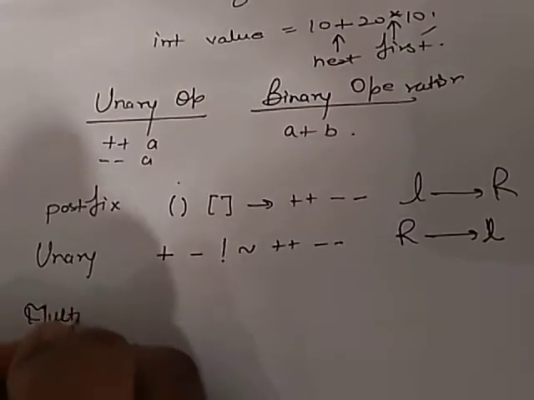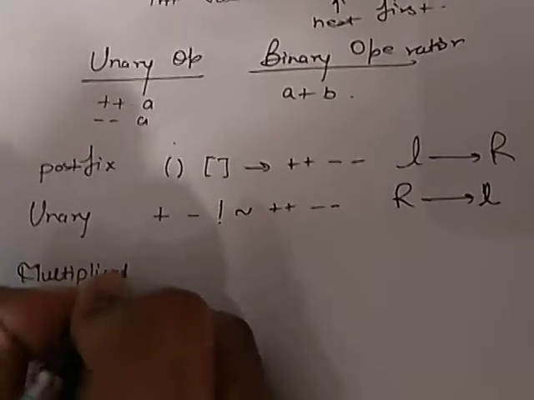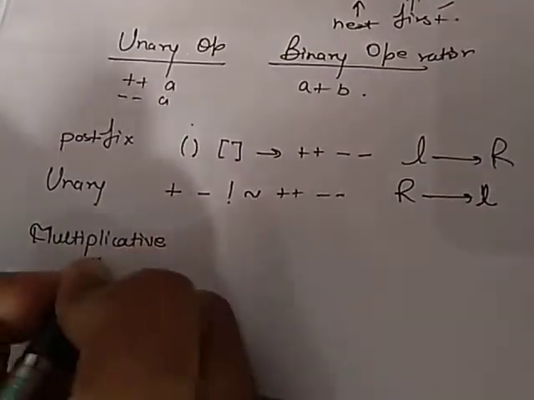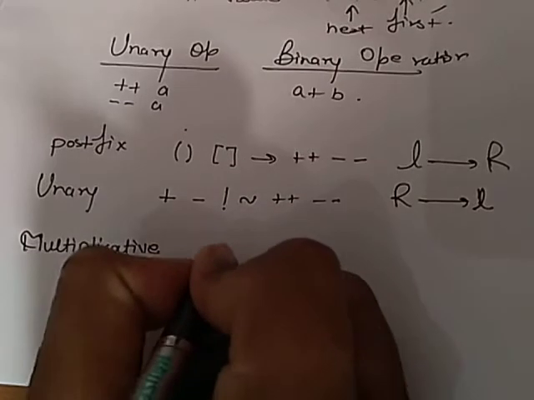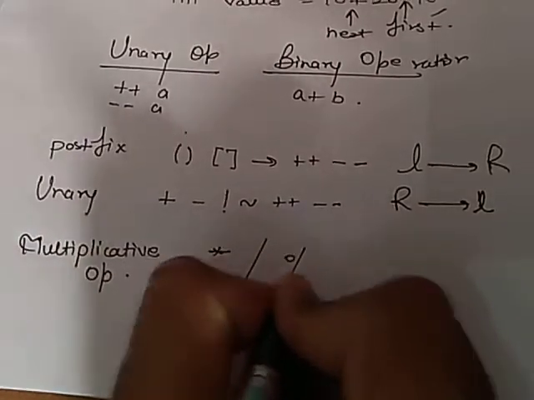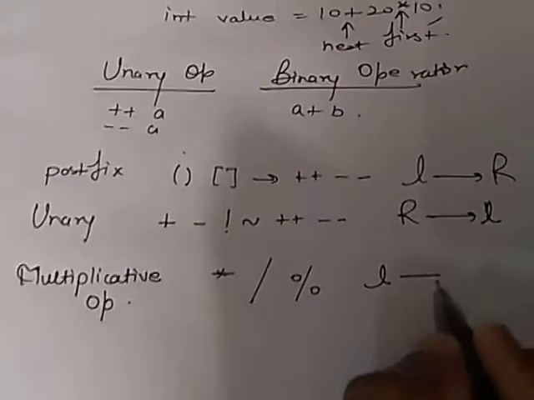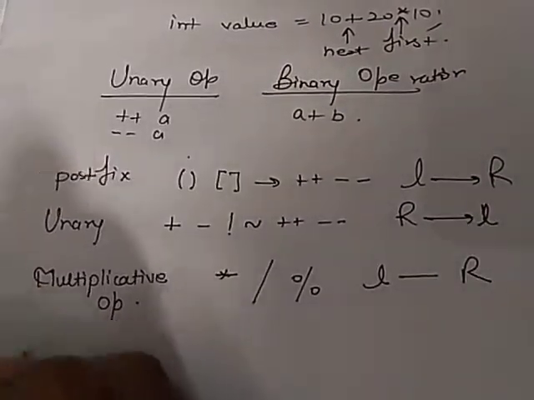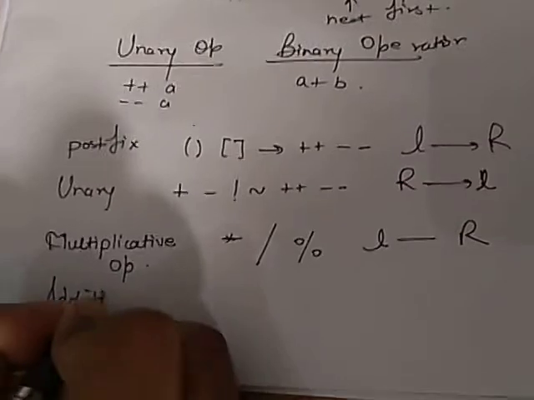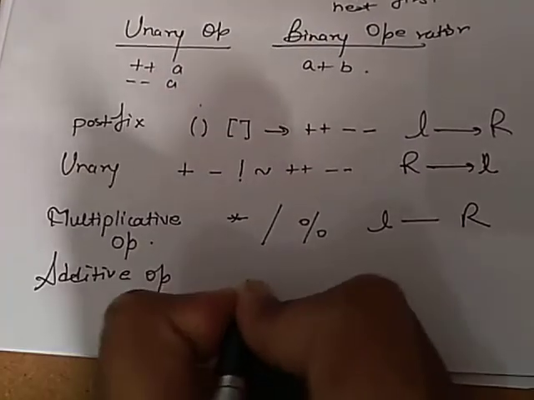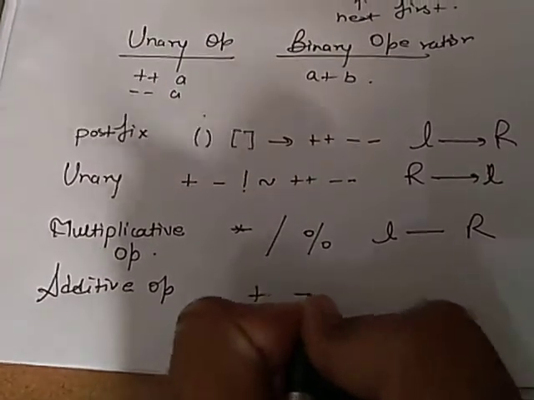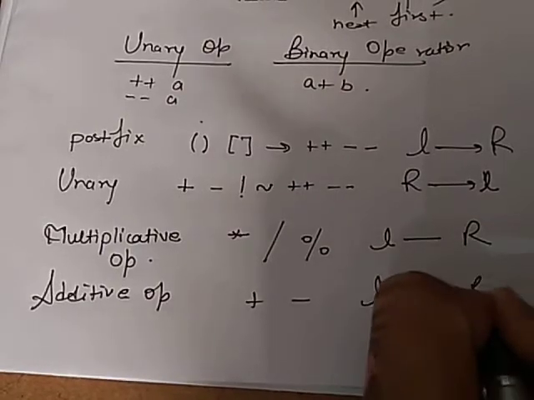Another one is the multiplicative operators. These are asterisk, divide, percent, and their associativity is from left to right. We have additive operators, plus and minus, and their associativity is from left to right.